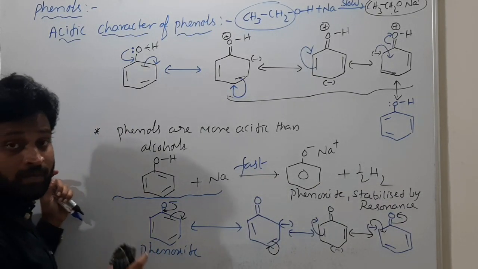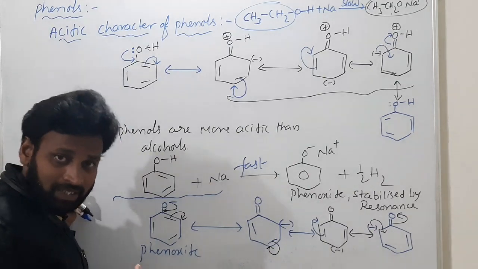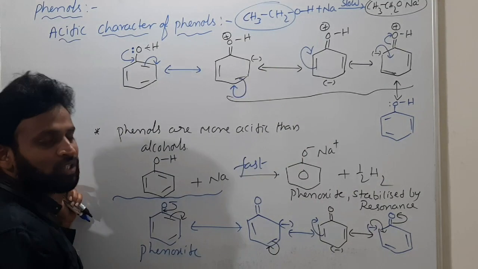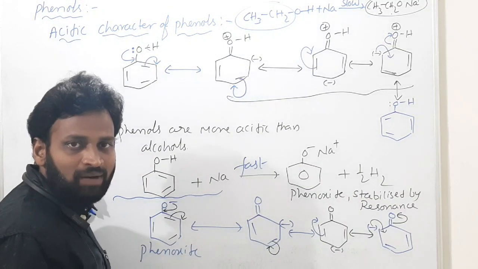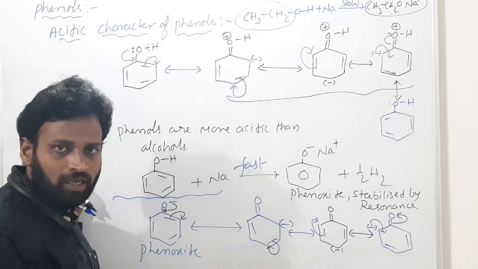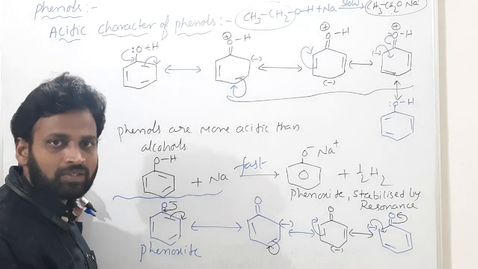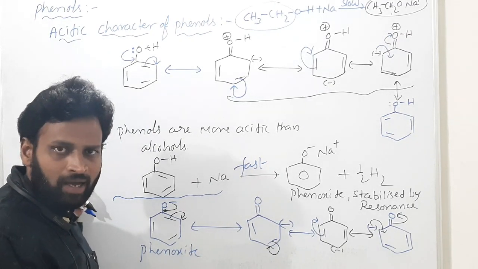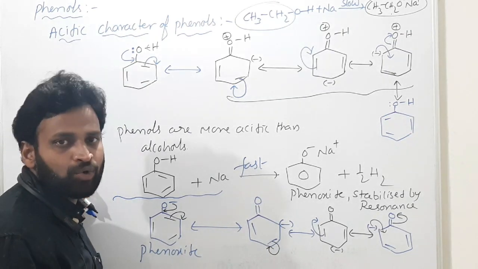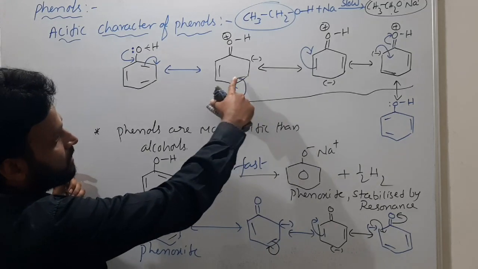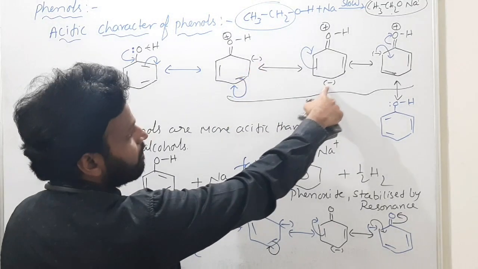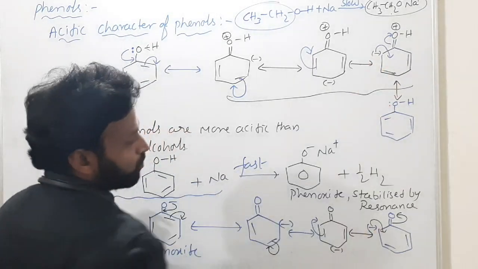These resonating structures, you are thinking I am writing just for time pass, no. Even electrophilic substitution reactions on phenol I will explain. There I will say electrophilic substitution reactions on phenol take place at ortho and para. Then you have no right to ask why at ortho and para, because in the resonating structures I am showing here, you have negative charge at ortho, negative charge at para, negative charge again at ortho.